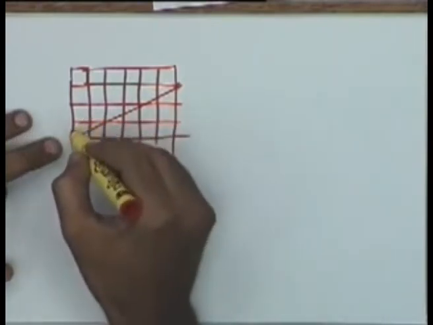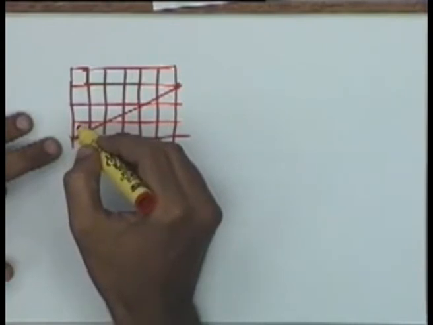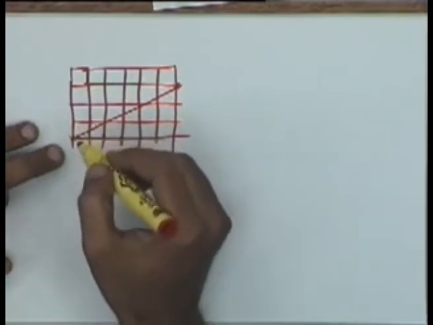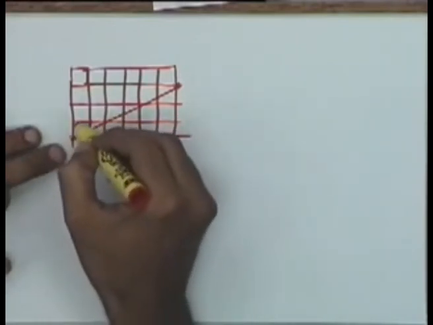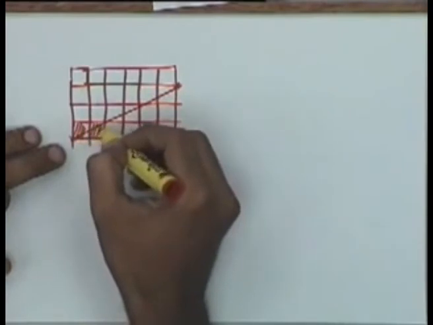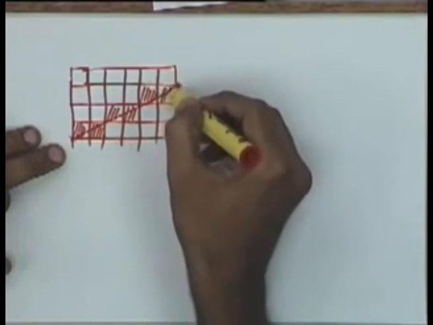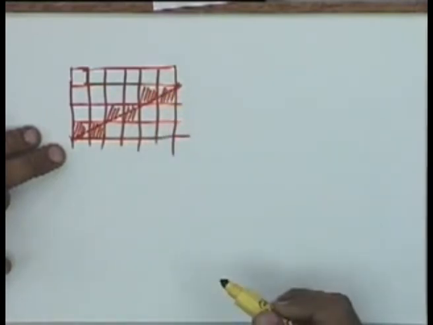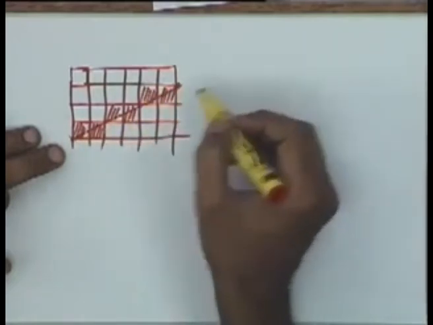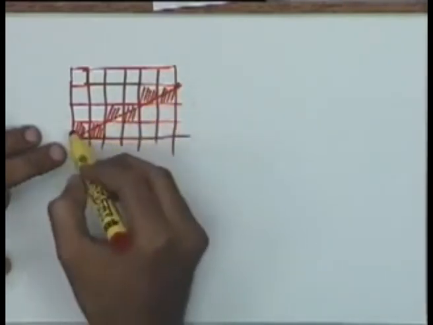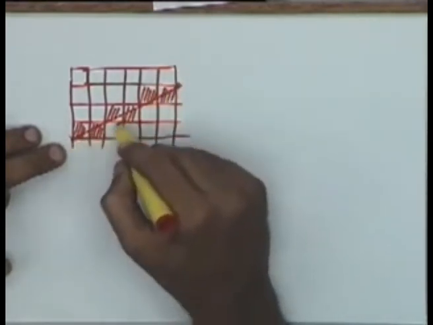But now I can take each of these points and either make them dark or make them bright, either a 0 or a 1. So I will make these pixels bright. If these pixels are bright, my line would look like this, even though ideally my line should look like a straight line.